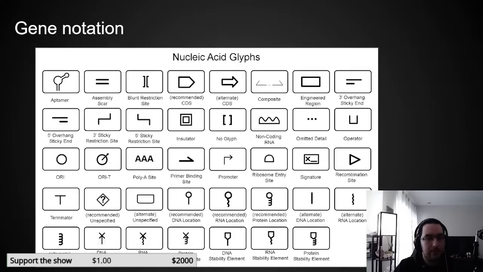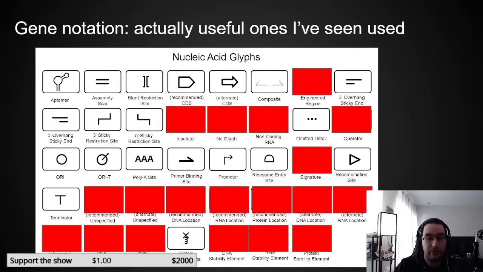Moving right along. So here's some notation. Here's the notation that I actually find is useful. If you're reading papers or any kind of documentation of somebody's research, a lot of the time they'll draw out a sort of graphical version of the DNA, right?